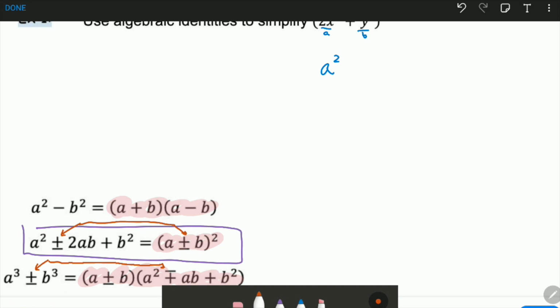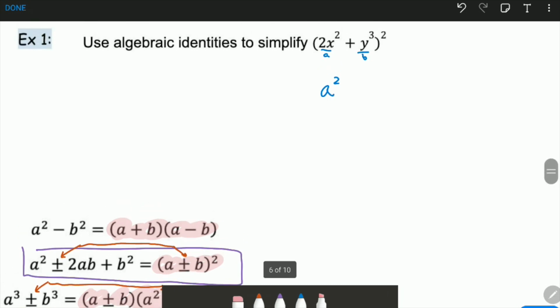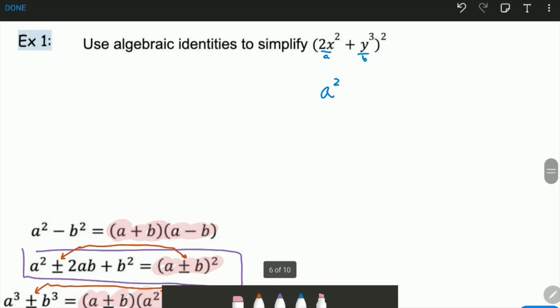That indicates that the two signs are opposite. So in our case, because they are both plus minus, we will keep the same sign here. So we have a plus, so we're going to have plus 2ab plus b squared, and we will fill out this pattern now that we have a and b, and we know which sign we have to choose.